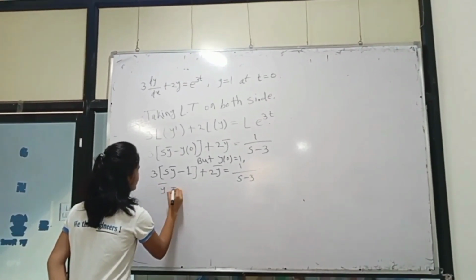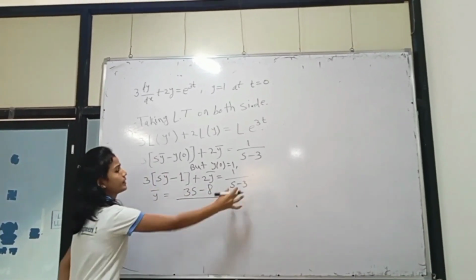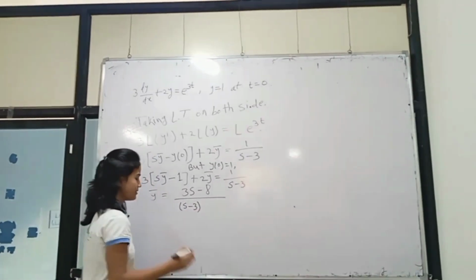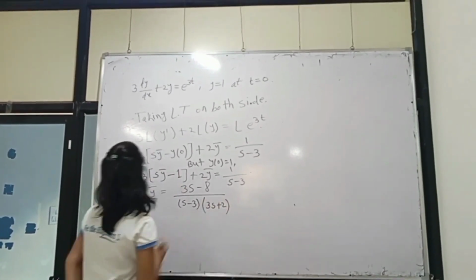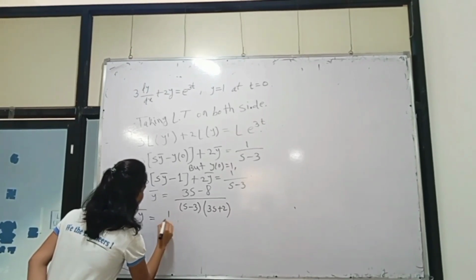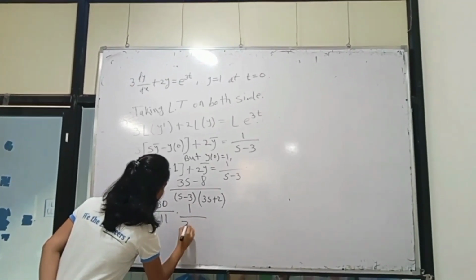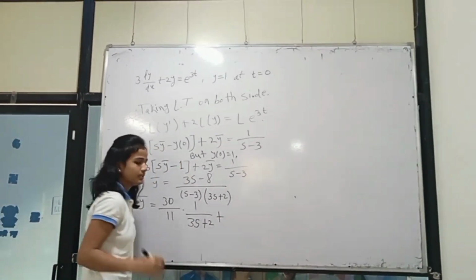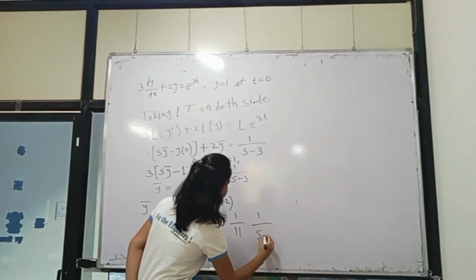So y bar is equal to 3s minus 8 divided by s minus 3 into 3s plus 2. So we can simplify this. Y bar is equal to 30 divided by 11 into 1 upon 3s plus 2, plus 1 upon 11 into 1 upon s minus 3.